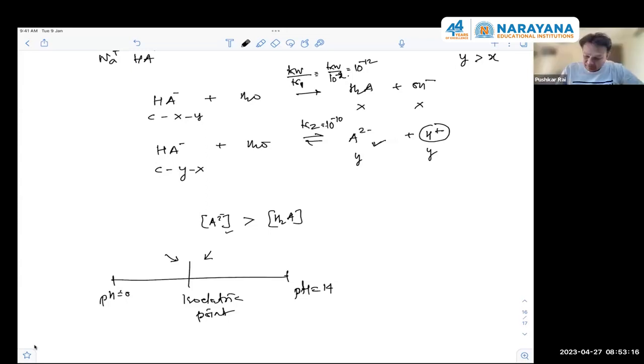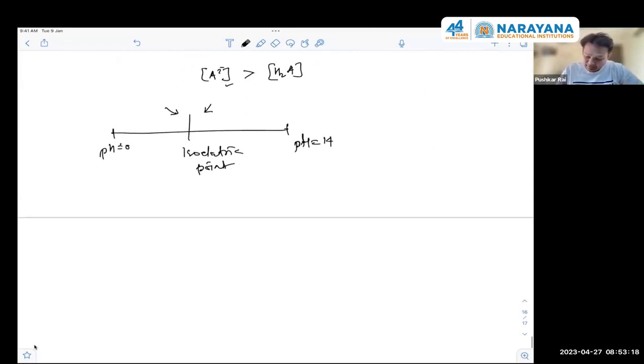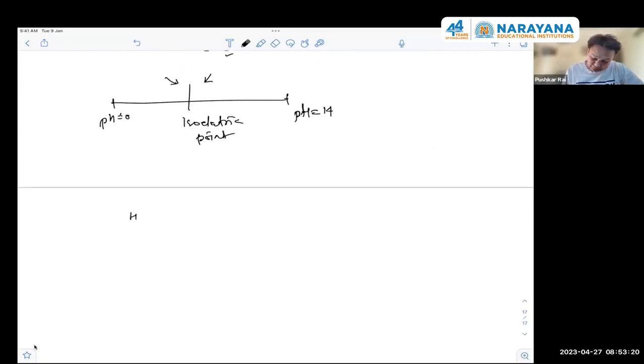All right, agreed. Do you agree that when we start titrating H2A with OH negative, first it will become HA negative. Then it will change into A2 negative. If A2 negative concentration is increasing, that means we are heading towards which side? Base.